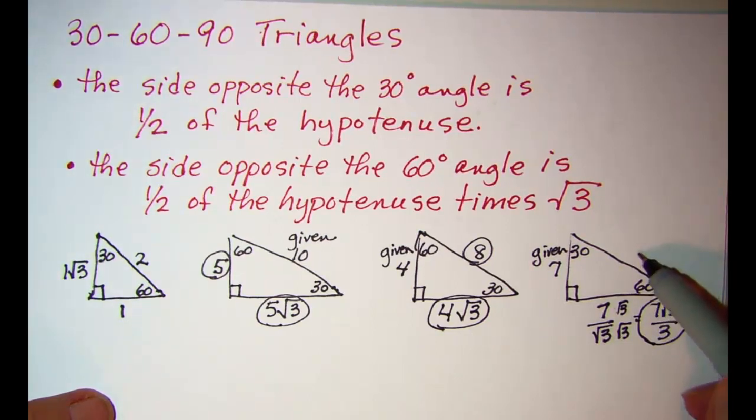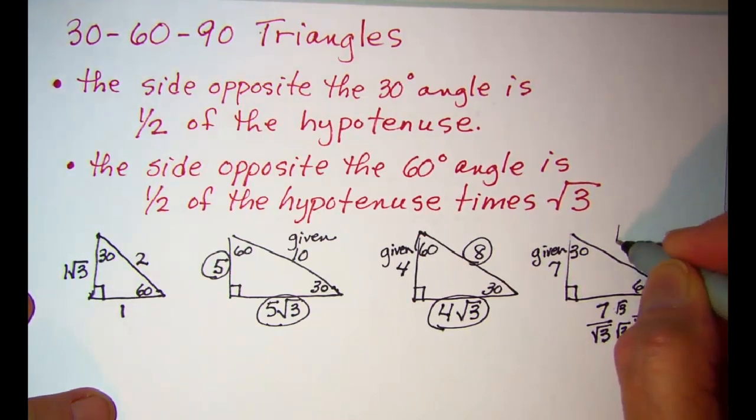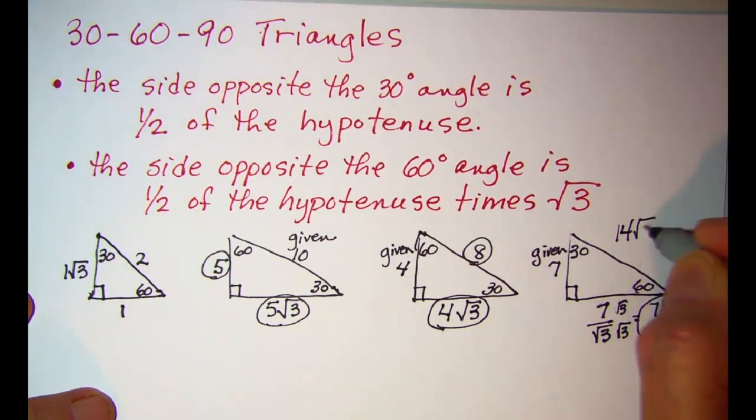Now to get the hypotenuse, I know the side opposite the 30 is half the hypotenuse, so I just need to double this number to get my hypotenuse. So multiplying this number by 2, I get 14 square root of 3 over 3.